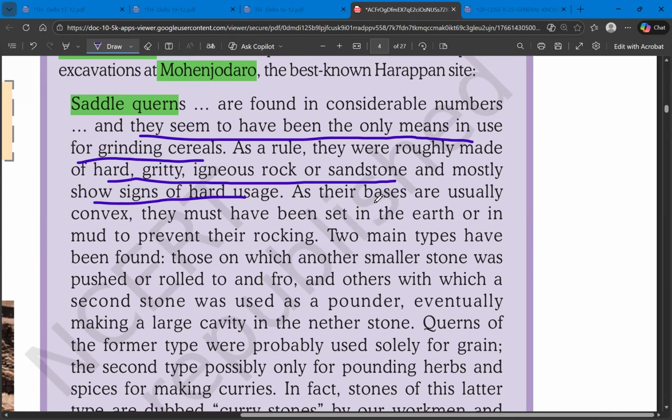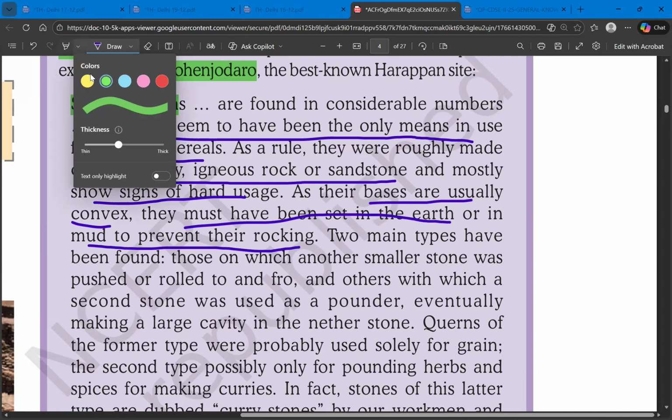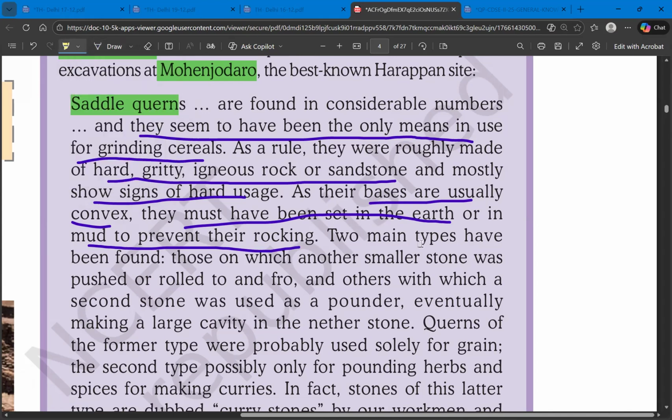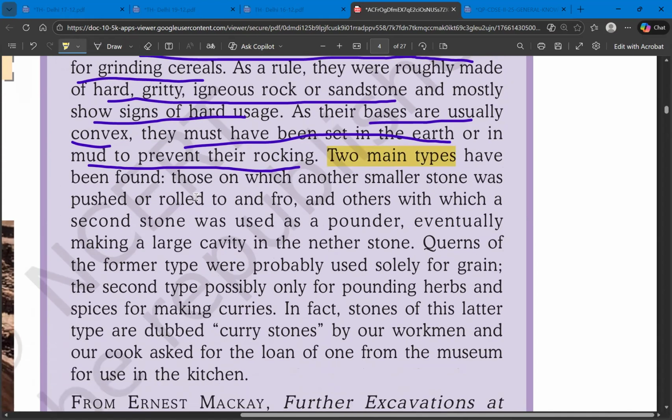Their bases are usually convex, and they must have been set in earth or in mud to prevent their rocking. There were two main types: those on which another smaller stone was pushed or rolled to and fro, and others with which a second stone was used as a pounder.